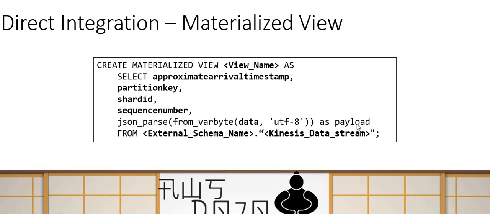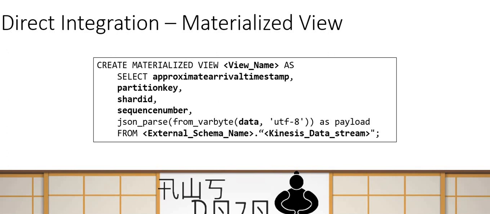Again, you can give some other name, but I used the syntax which AWS provided. And then you can choose some other fields, for instance, this is the time when the data arrived, this is the partition key, shard ID, sequence number. Now I put all the fields over here, but it doesn't mean that if you're creating a materialized view, you have to bring all the fields.